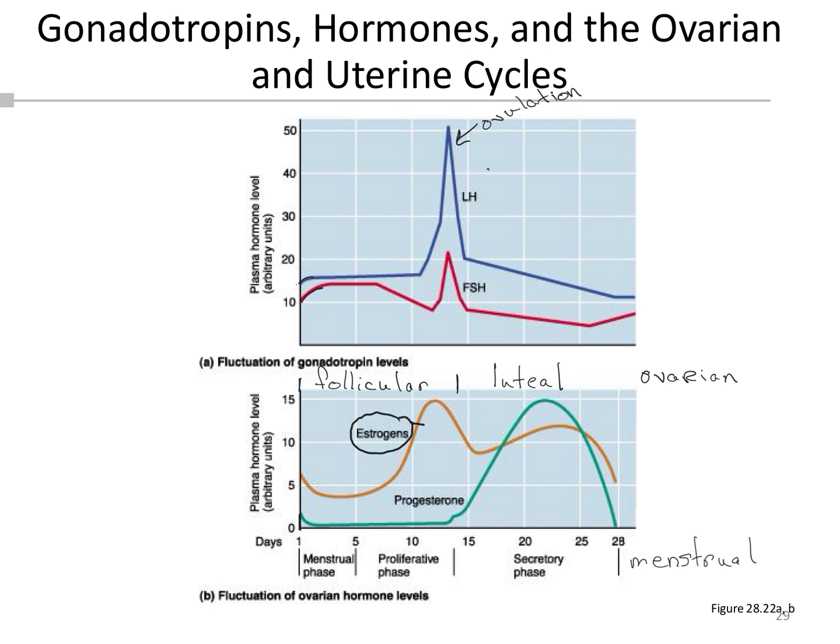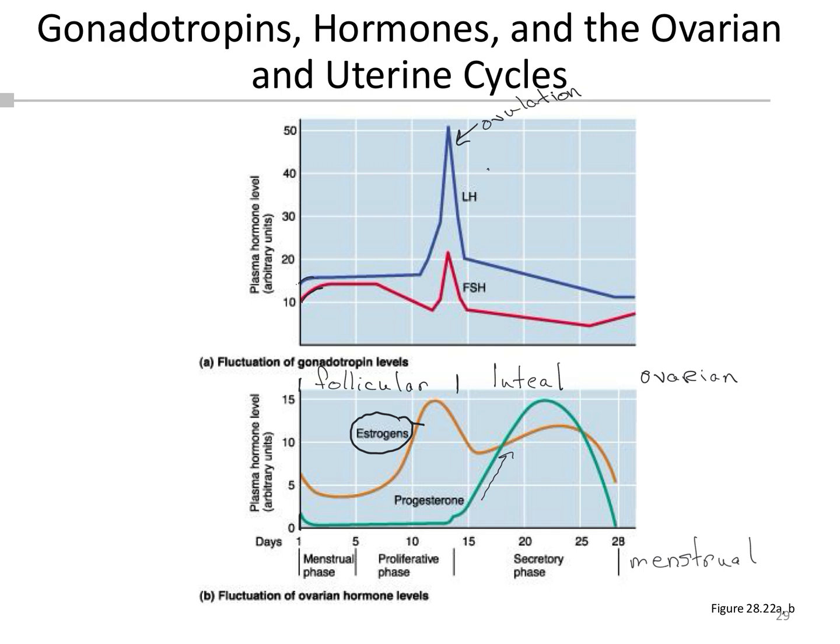Then you get formation of the corpus luteum, so you can see progesterone levels are going up. Estrogen levels go up, and they stay up as long as the corpus luteum is surviving. But if fertilization doesn't occur, then estrogen and progesterone levels drop.